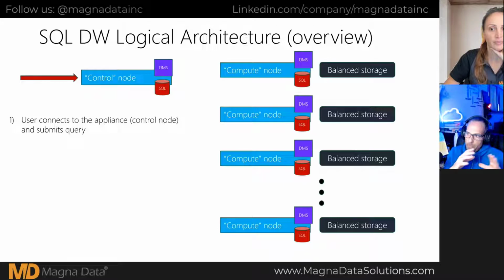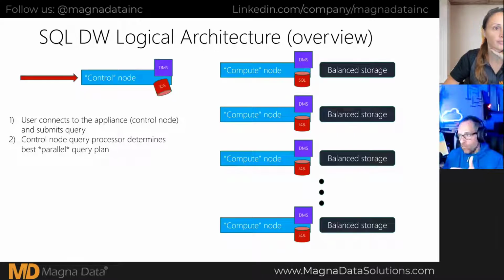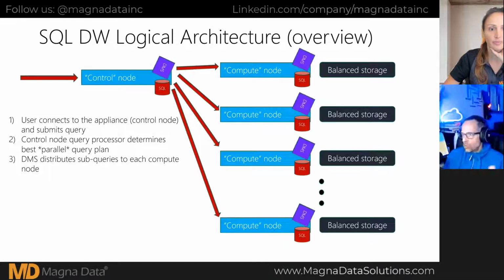The user connects to the appliance, I mean to the control node of the Synapse data warehouse, and submits the query. Submit the statement that you want to solve, select, blah, blah. The control node analyzes the statement and produces the best parallel query plan to distribute subqueries to each of the compute nodes involved in the architecture.